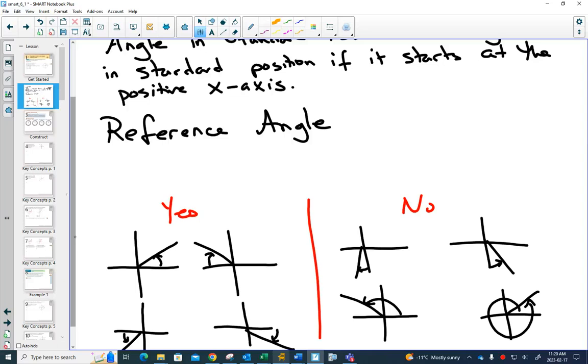Again, we take a look at the pictures, see if we can see what's in common in the ones that are yes, make sure that that doesn't come up in the ones that are no, and we can write out the definition.